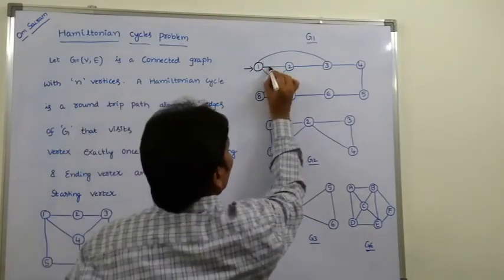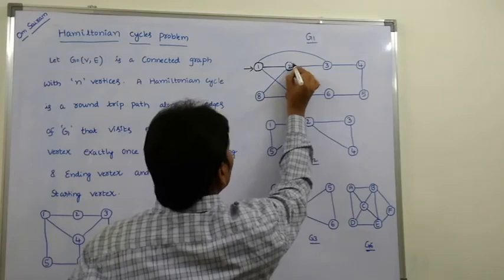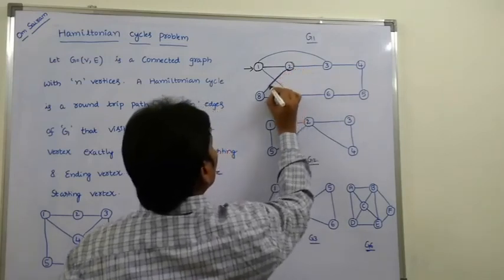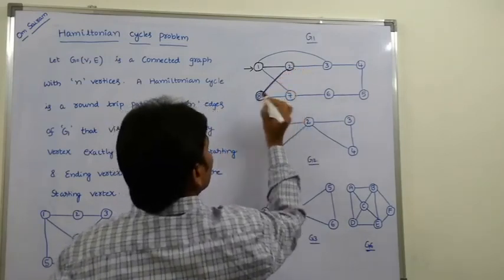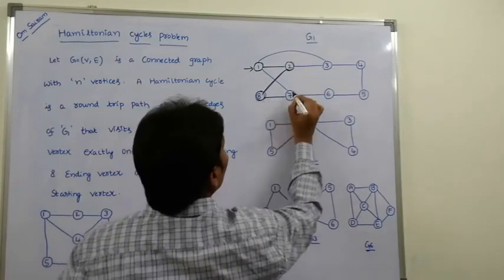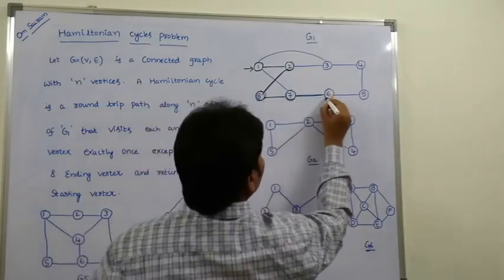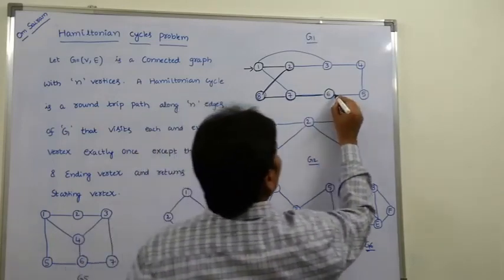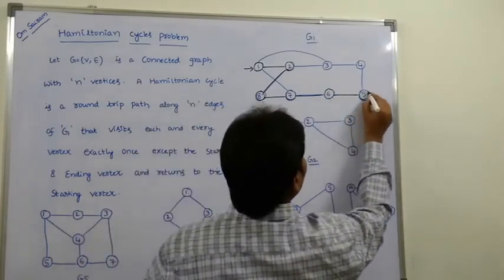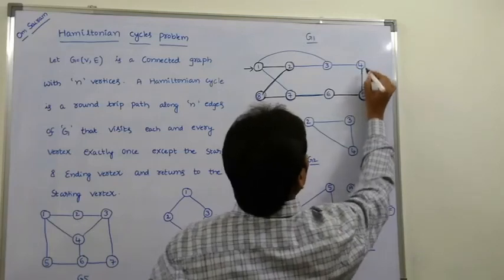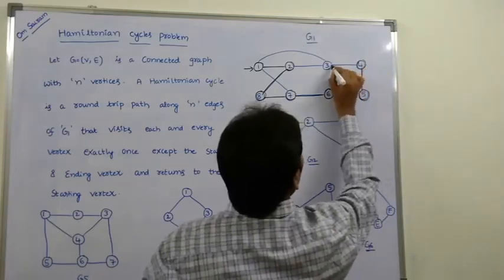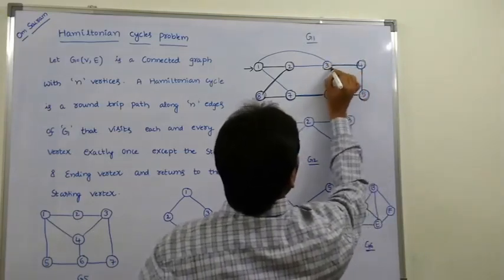Next, we go to vertex 2. Next, vertex 8. Next, vertex 7. Next, vertex 6. Next, vertex 5. Next, vertex 4. Next, vertex 3.